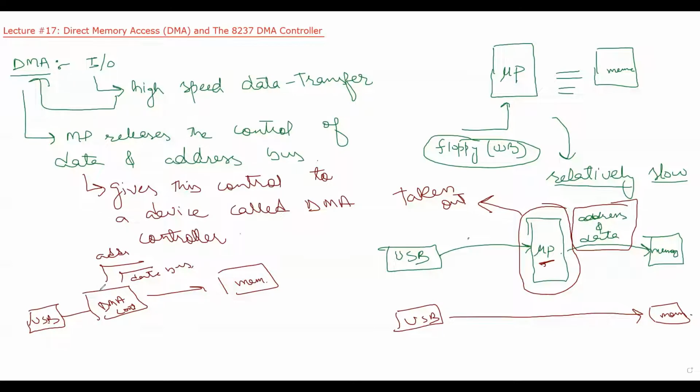This DMA controller first informs the microprocessor that it requires the address and data bus. After getting the address and data bus, it takes the control of data transfer.